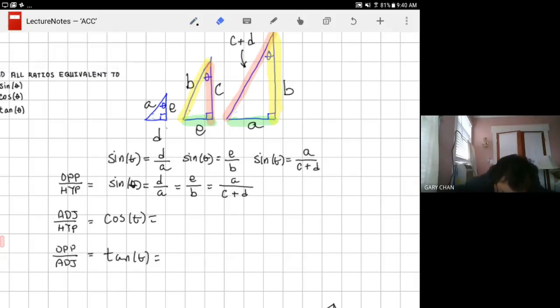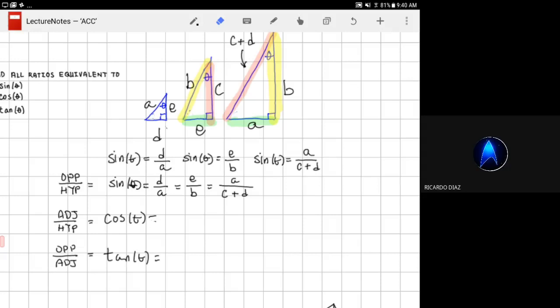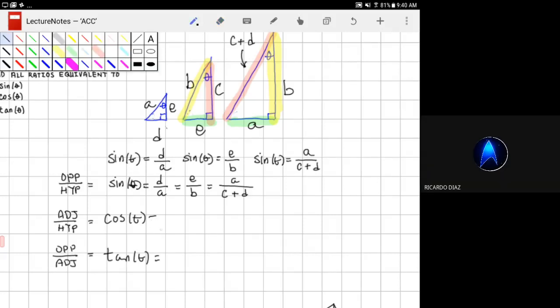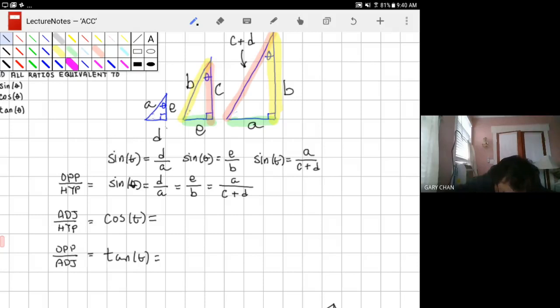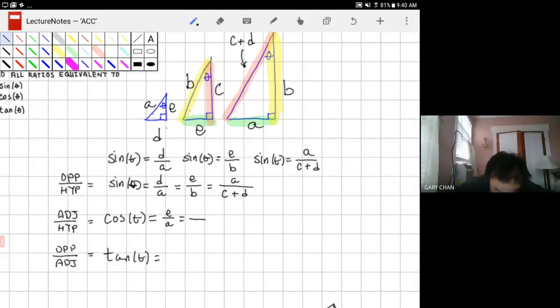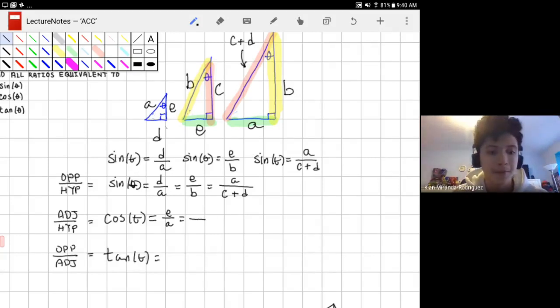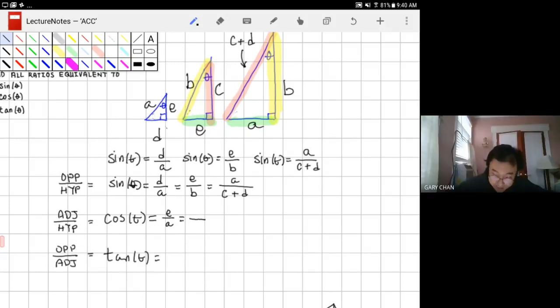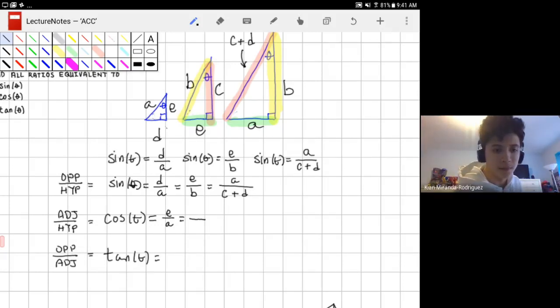It's E over A. Kian, what is cosine theta for the middle triangle?